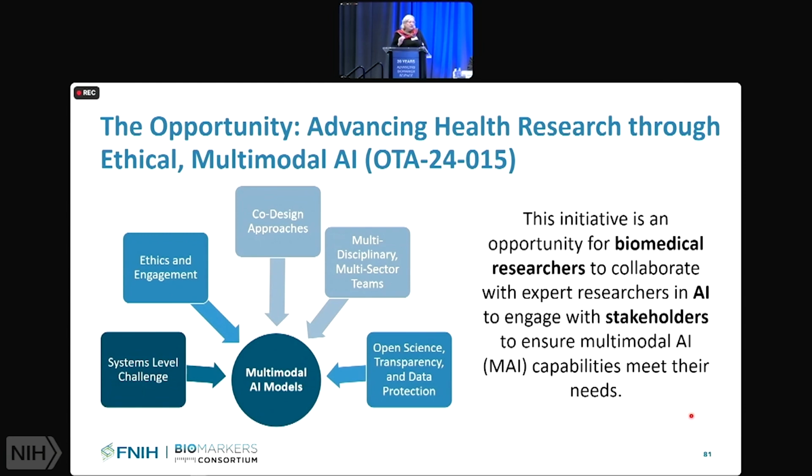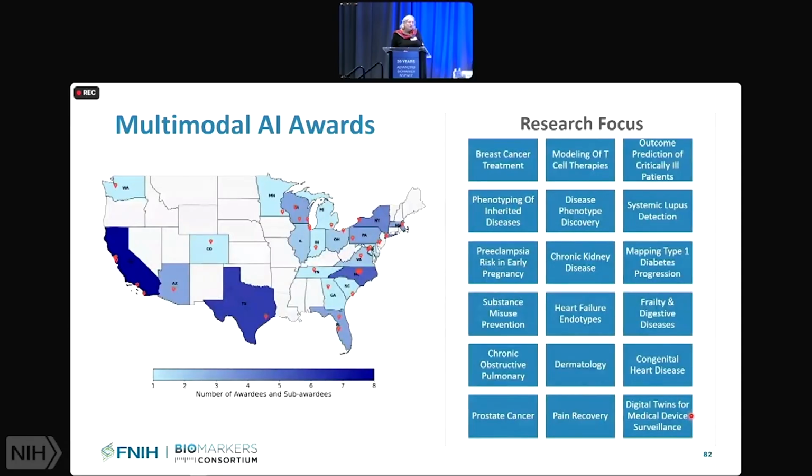We are looking at system-level challenges across diseases, also engaging ethical researchers in the idea of co-design with clinicians. This is something that we're excited to also partner with our Chief AI Officer as we expand this program for the next year.